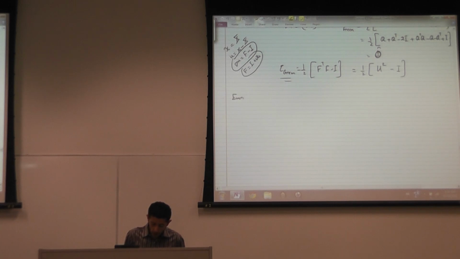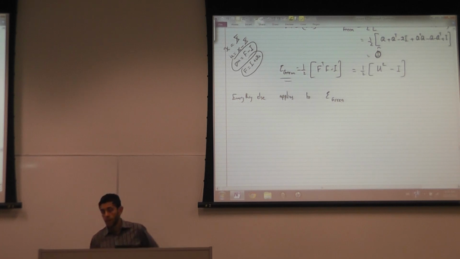Everything else applies to epsilon green. Everything that we talked about for the small strain matrix applies here, with a slight addition.